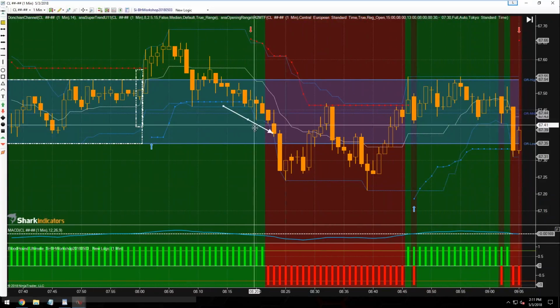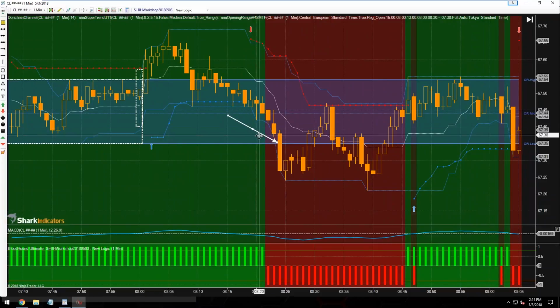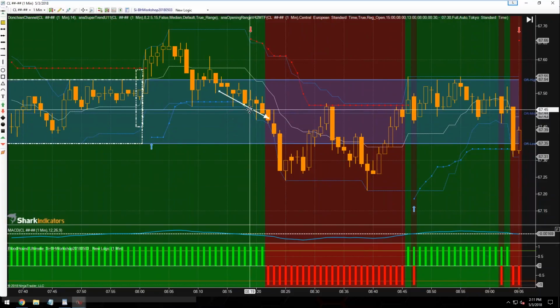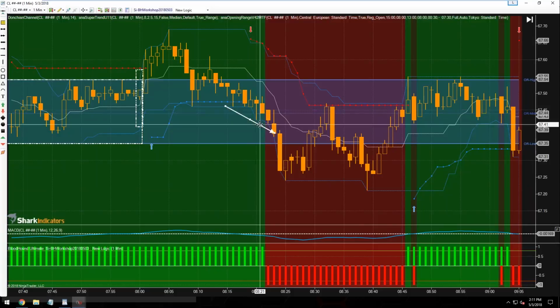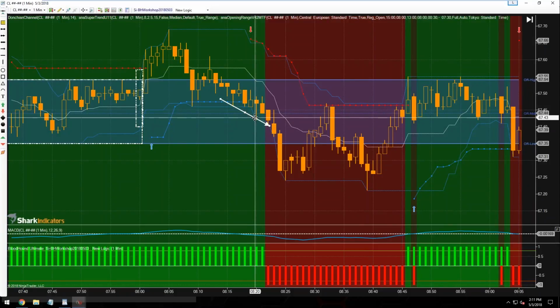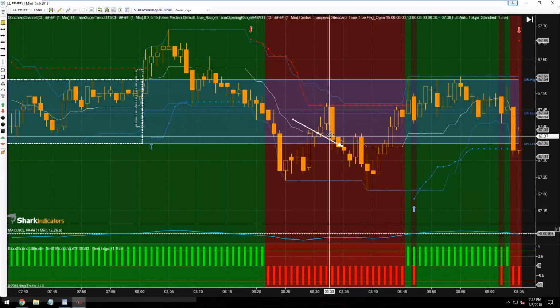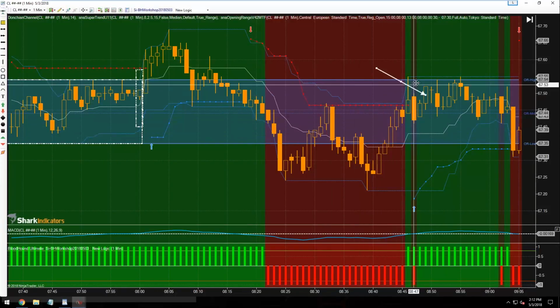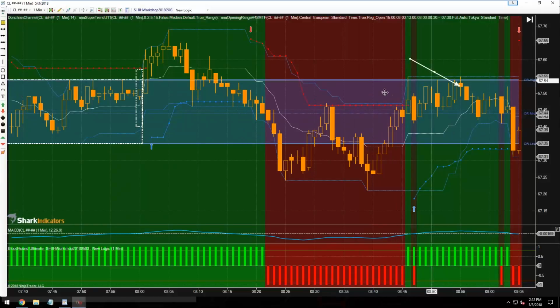As price comes down, the toggle node is holding on to the position that there could be a short breakout. And then as price comes back up, now there could be a long breakout.